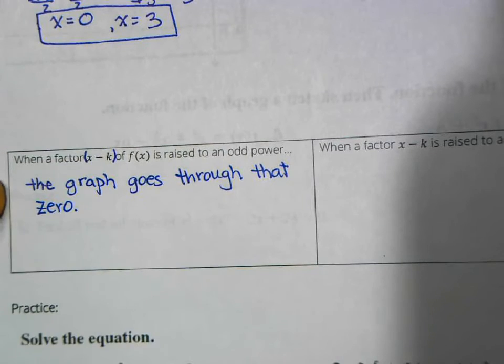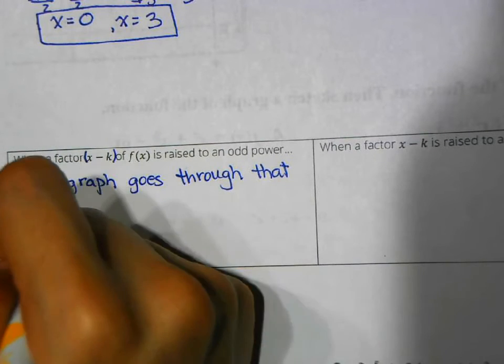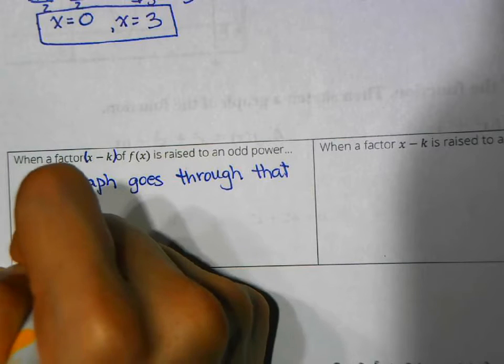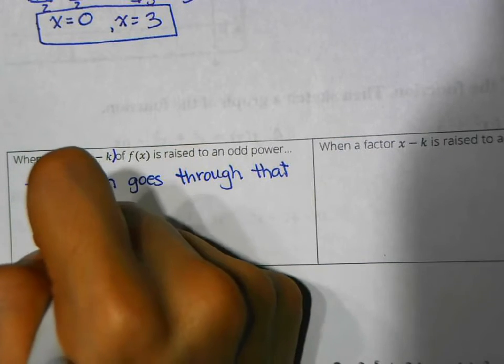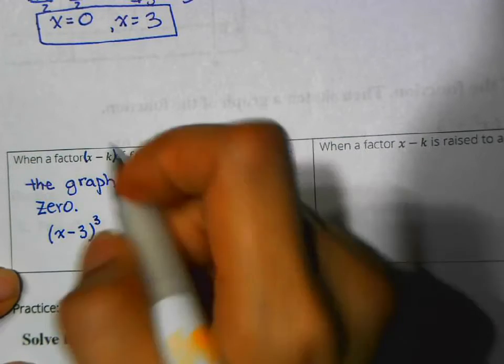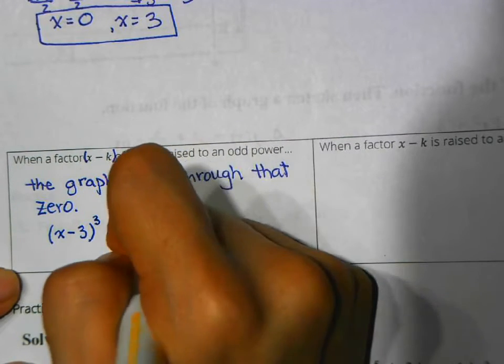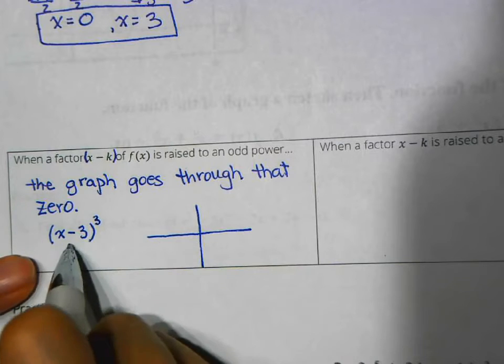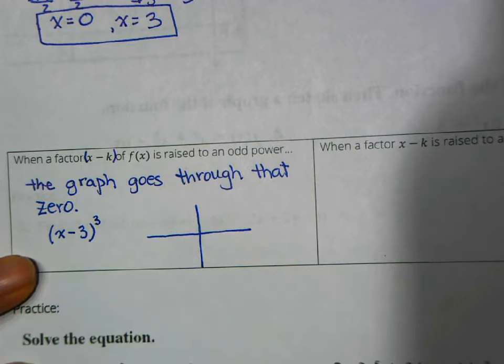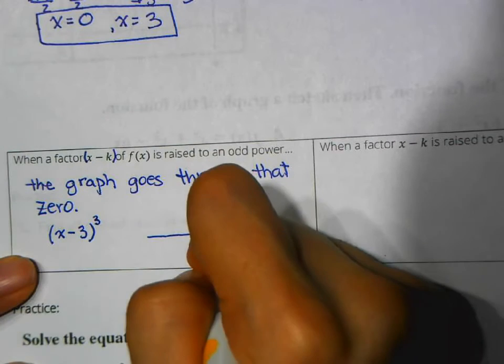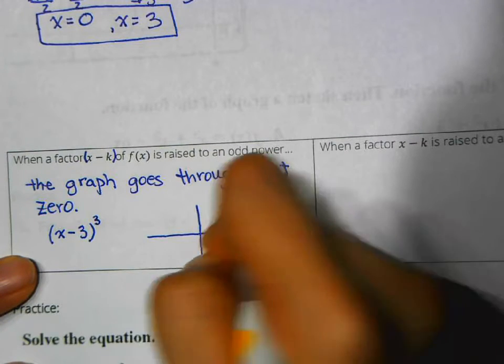What does that mean? This is what it means. If I have x minus 3 raised to the third power, when I'm graphing it, I know that my graph is going to go through this 0 at x equals 3. So here's my x equals 3. Here's my 0 right there.